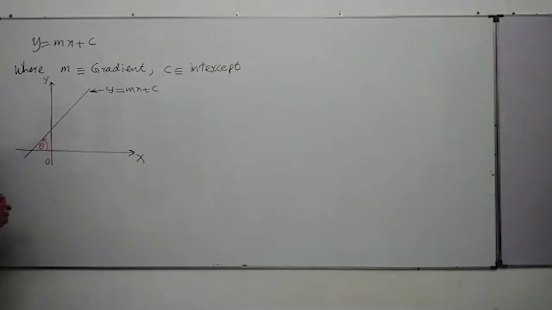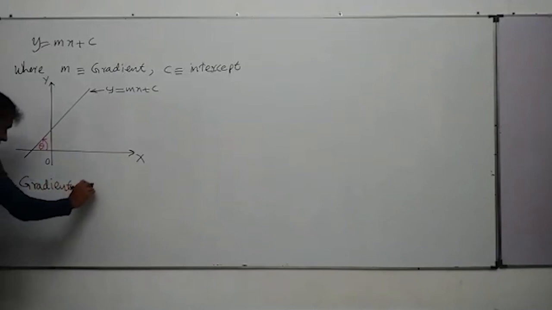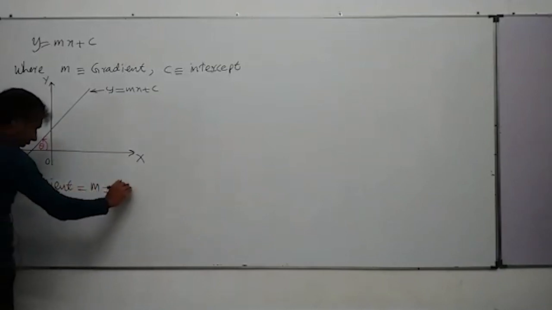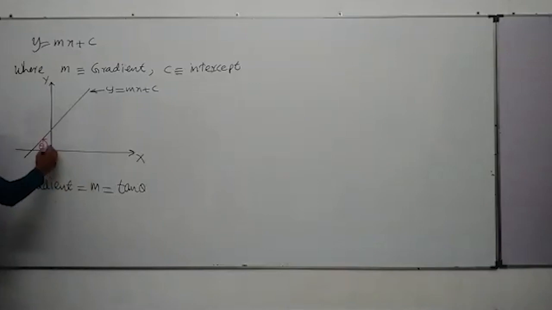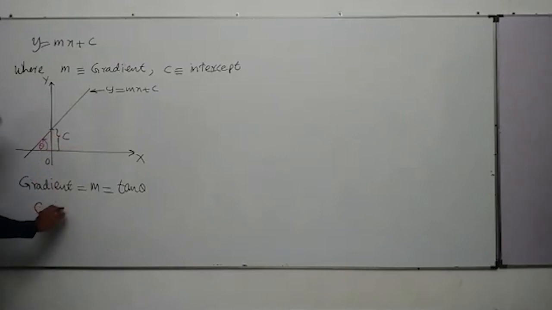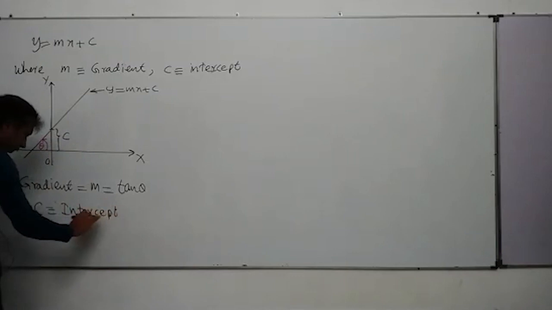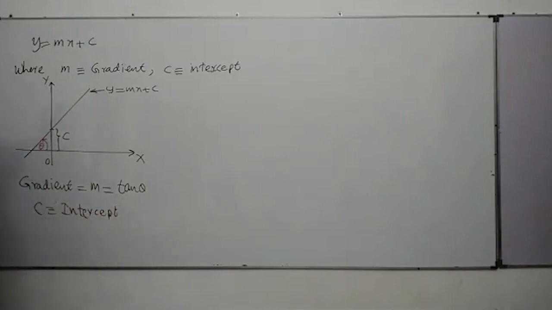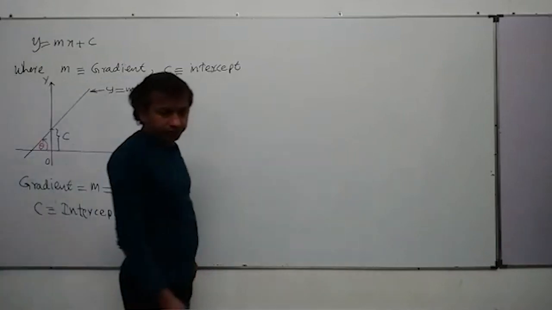Then the gradient m is defined as tan theta. Here the height is the intercept. First draw this diagram, and we'll write one sentence.